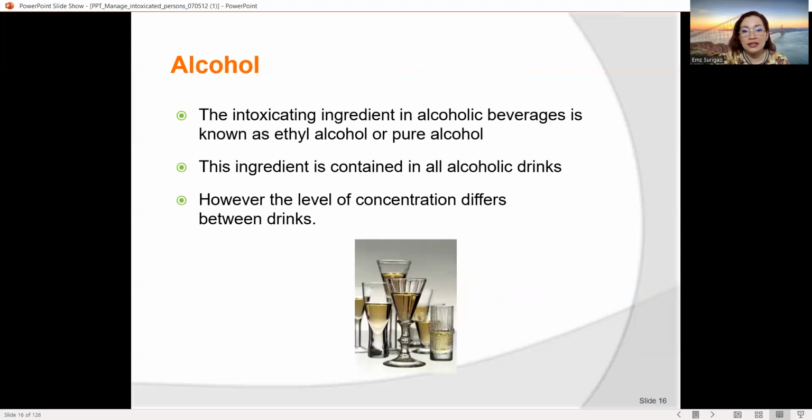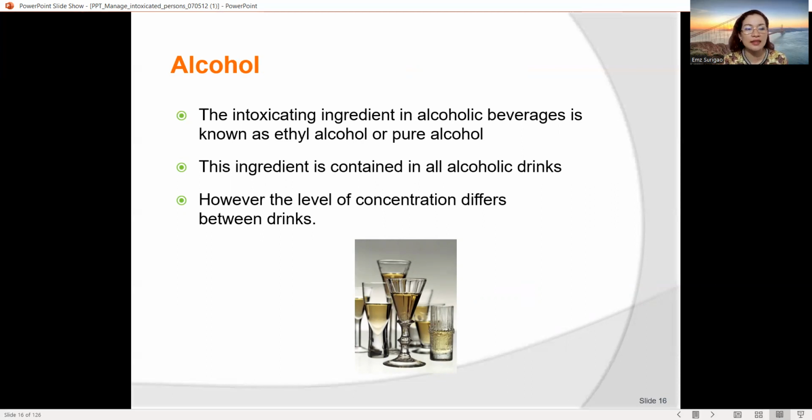The intoxicating ingredient in alcoholic beverages is known as ethyl alcohol or pure alcohol. So that is the pure alcohol part. The process is fermentation first, then distillation. And the alcohol content of most liquors is most likely 40% alcohol. Then if it is a cocktail, it is added with another liquor.